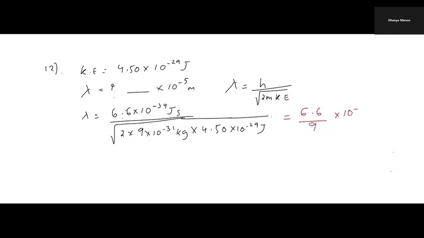Okay, and for calculation purpose, 66 by 9 times 10 raised to minus 5, which comes to be 7.33 times 10 raised to minus 5, because they have asked in terms of nearest integer, something times 10 raised to minus 5 meters. Okay, so this is how you do it.